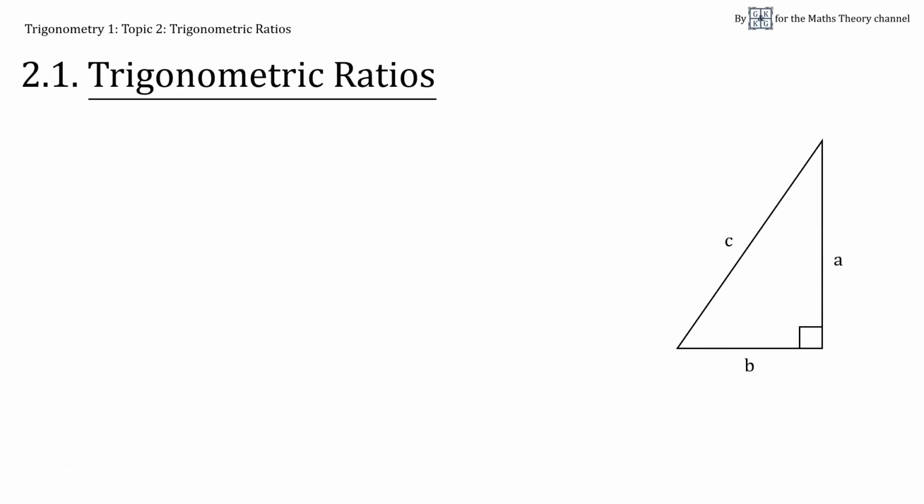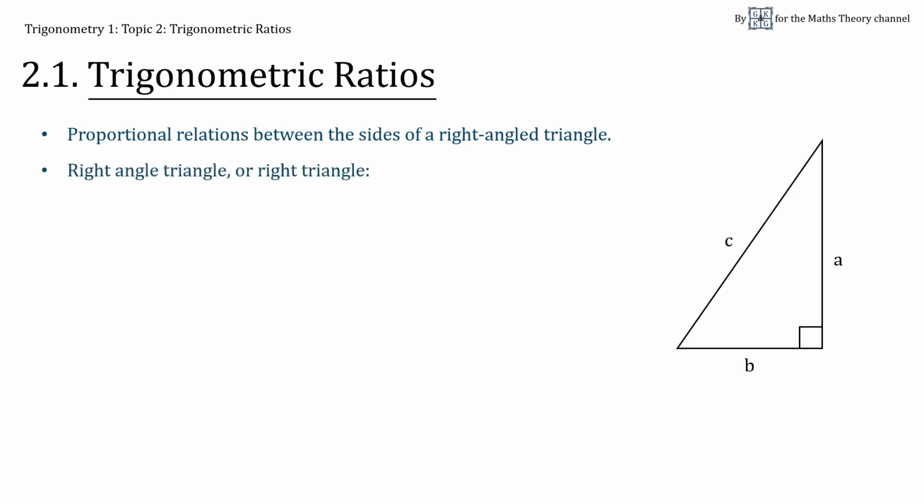So trigonometric ratios are proportional relations between the sides of a right-angled triangle. To make clear, a right-angled triangle or right triangle is a triangle where two adjacent sides form a 90-degree angle between them, while the third side opposite to the 90-degree angle is known as the hypotenuse.